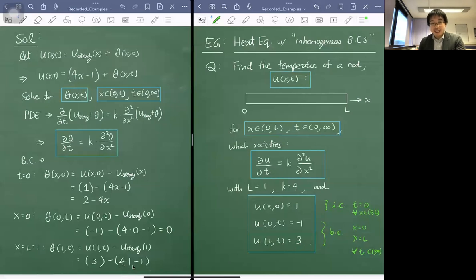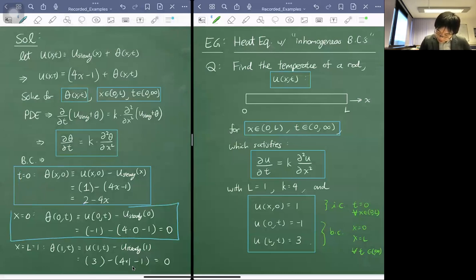What do you get? Well, 4 times 1 is 4, minus 1 is 3. So again we get 0. Aha, now if I quote these boundary conditions, this is the boundary condition for x equals 0, and this is the boundary condition for x equals L, or x equals 1.